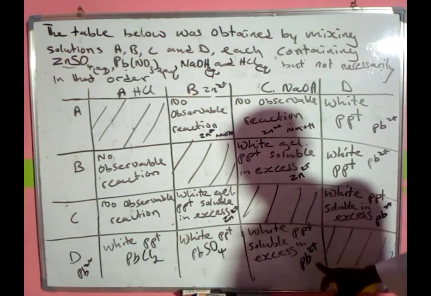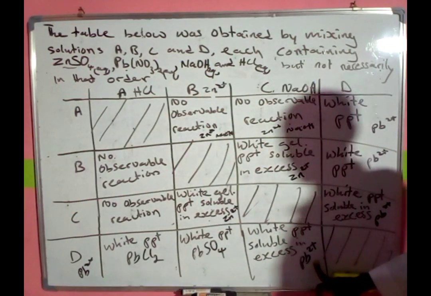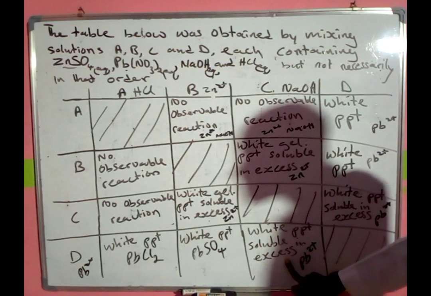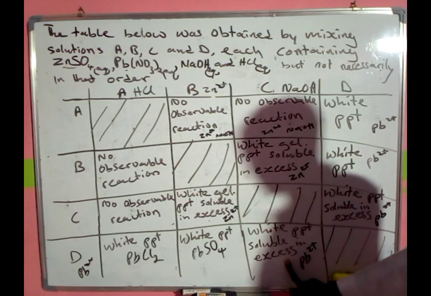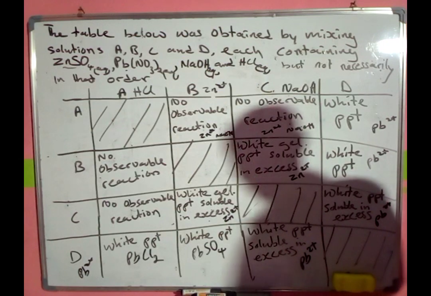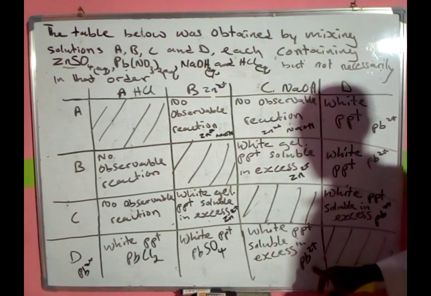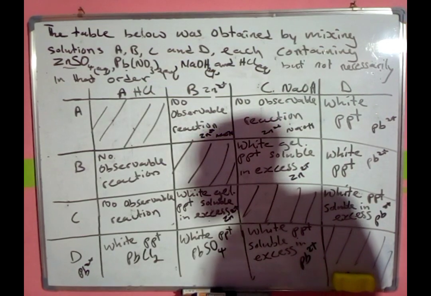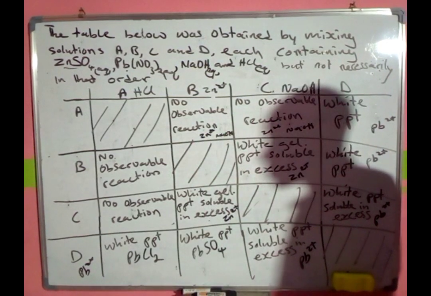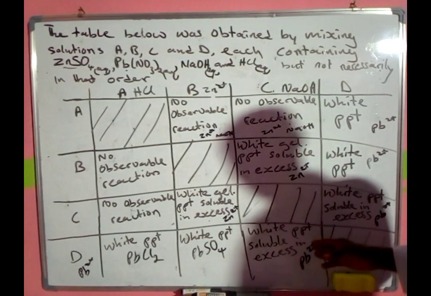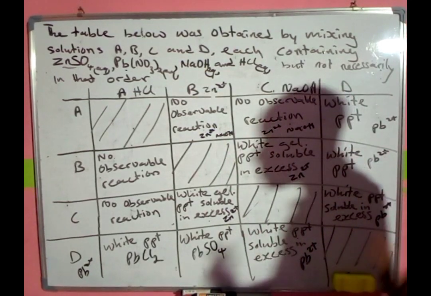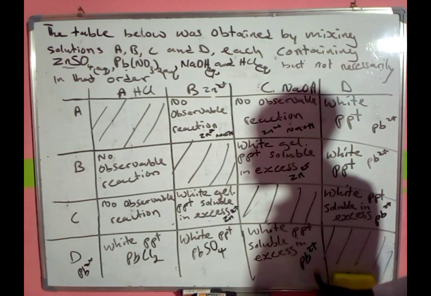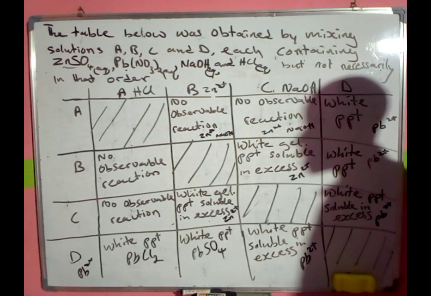And in this other place is a reaction that always shows lead hydroxide is formed. The white precipitate is lead hydroxide, which dissolves in excess, exhibiting the character of amphoteric oxides or ions. Amphoteric ions always react with both acid and base to give us salt and water.